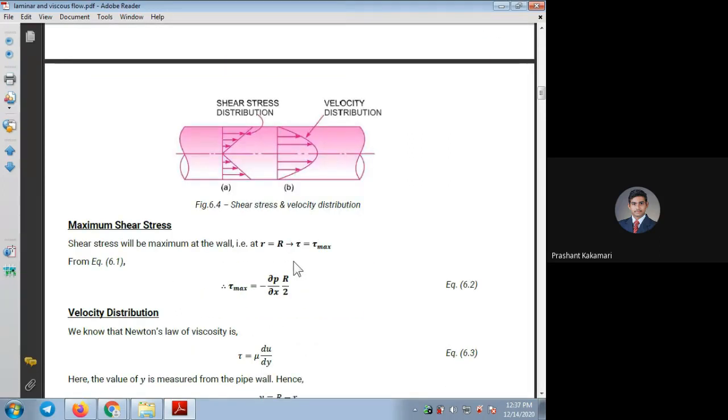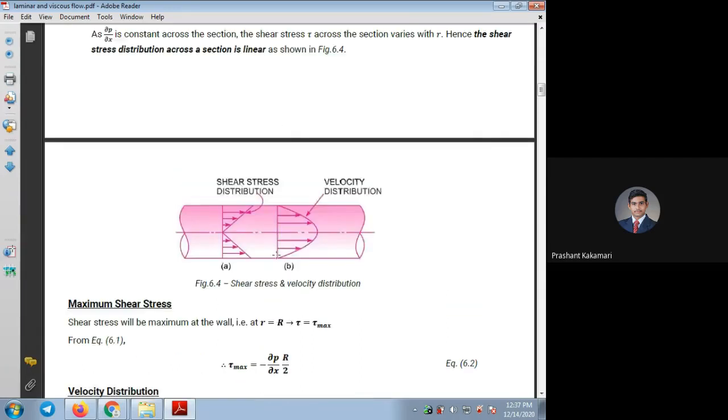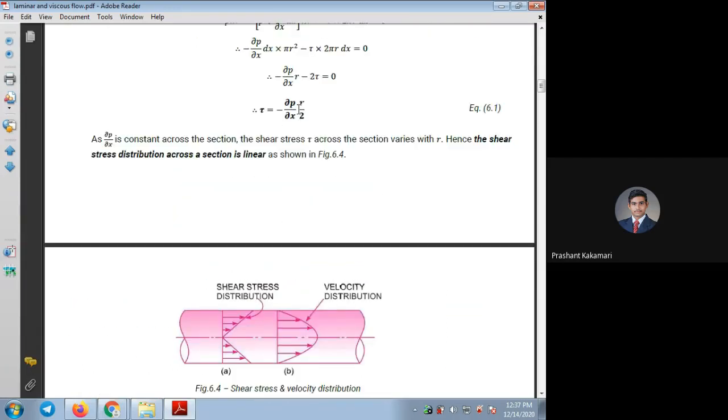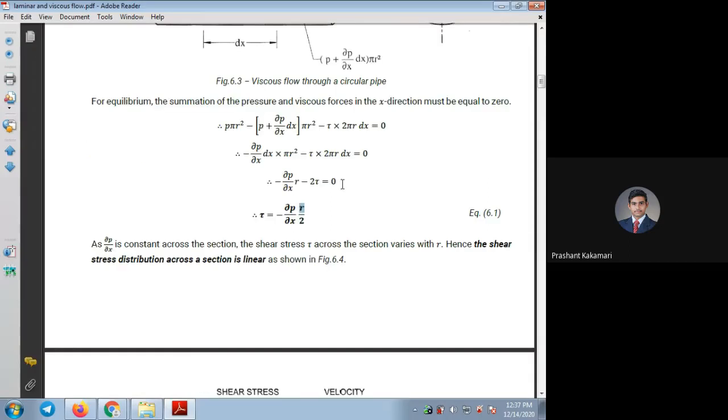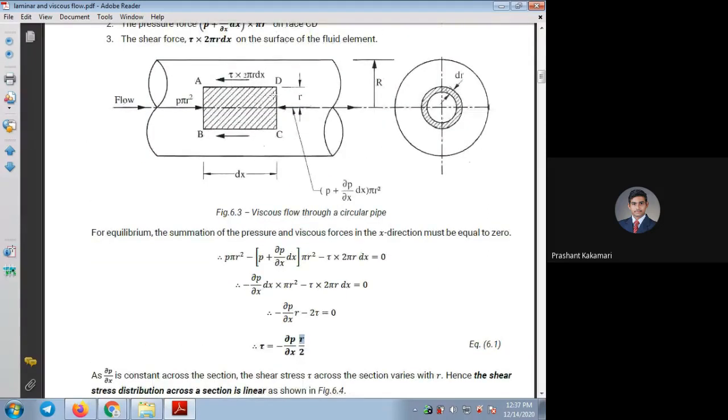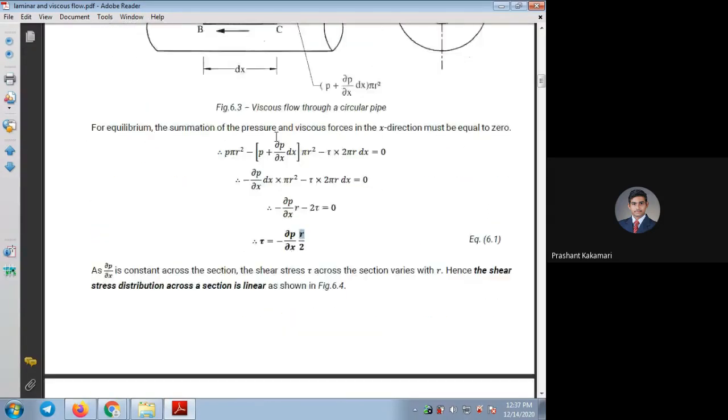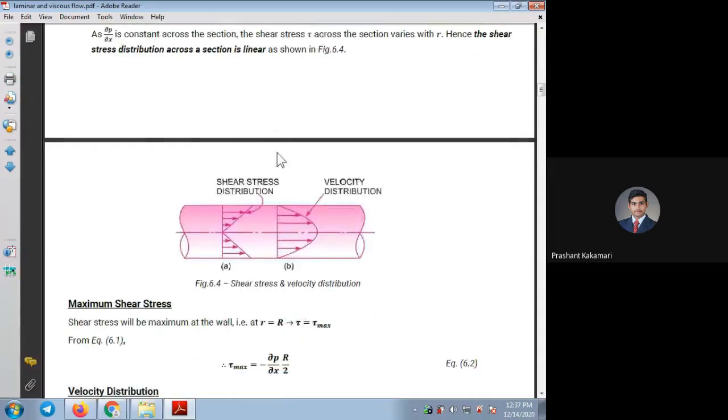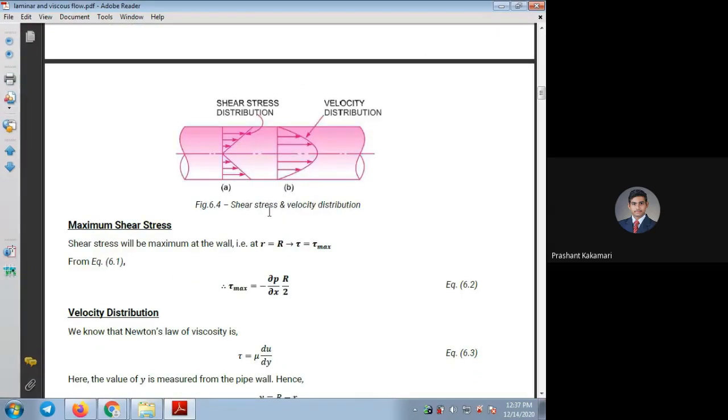Maximum shear stress can be found by using the full radius R. Capital R can be substituted for the small radius here, because this radius was taken for one small element of the cylindrical object. If you consider the full pipe with full radius, that is small r equal to capital R, then tau can be written as tau max, because at full R the value will be very high.